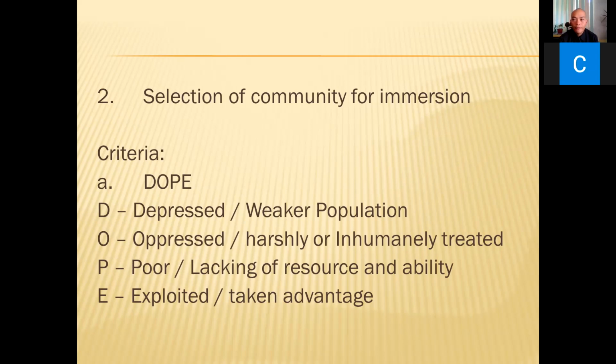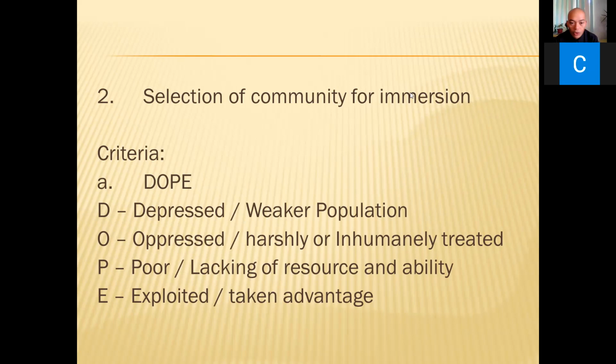There is a criteria in selecting communities for immersion. There is a selection process. And we have here the DOPE acronym. The DOPE acronym will further help us understand and choose what community we can target for our immersion.